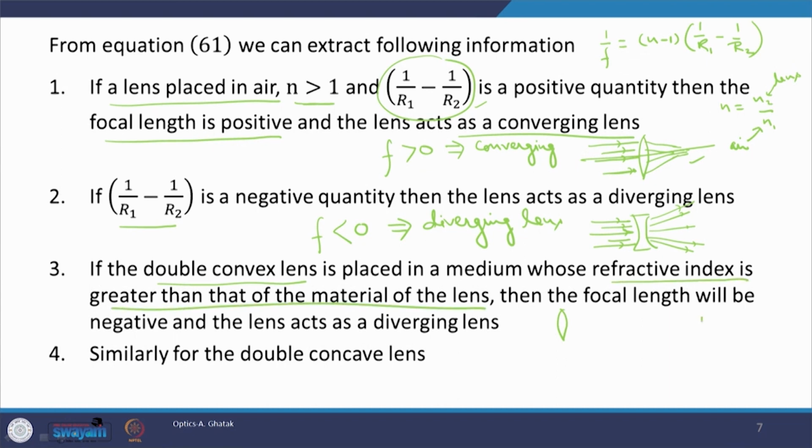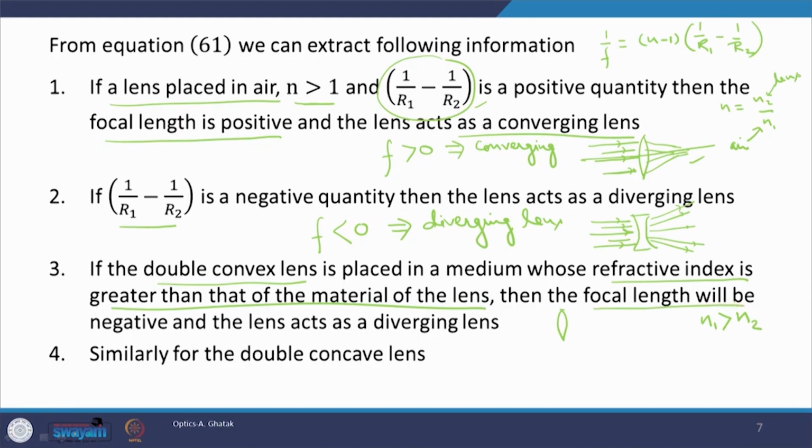It says that if n1 is larger than n2, if the lens is placed in a medium whose refractive index is larger than that of the material with which our lens is made, and a lens is usually made out of glass, and here we are considering that the outside medium's refractive index is larger than that of the glass, then the focal length will be negative and the lens acts as a diverging lens.